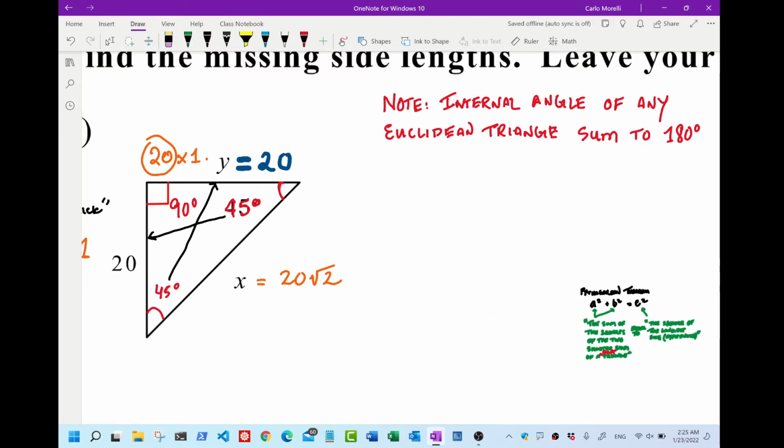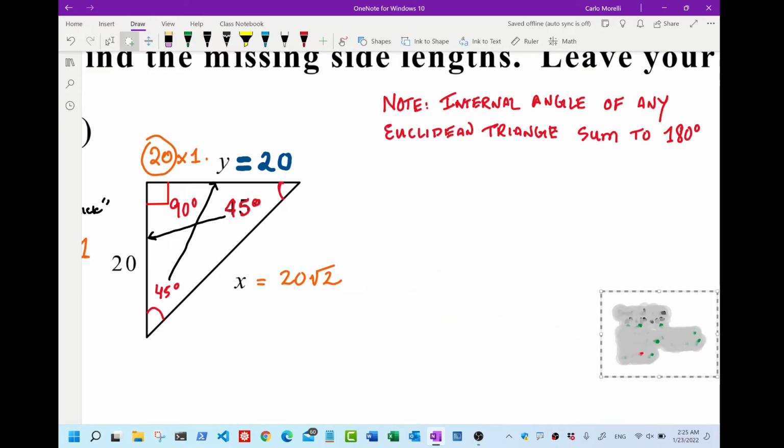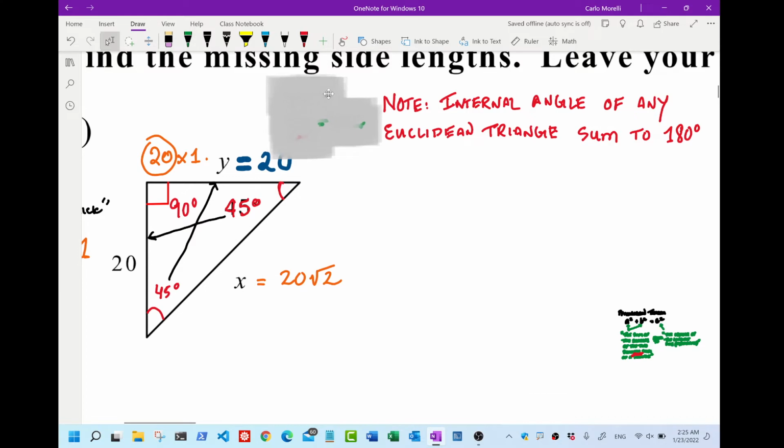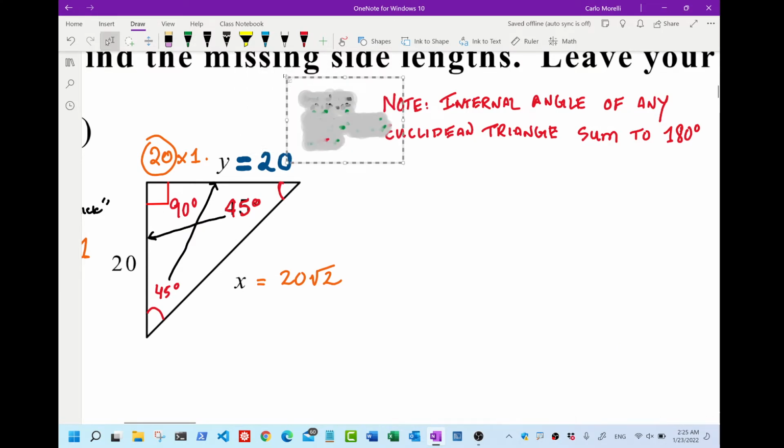Shrink that guy down for a second. Stick him up here. Okay, so for this problem, if we were doing a squared plus b squared equals c squared, I would prefer to write it like this, if that's okay.